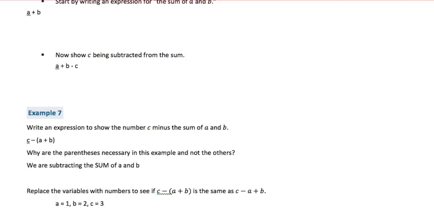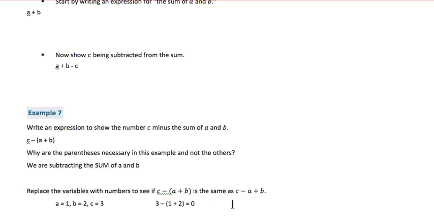Seems reasonable, right? So in our first one, if c is equal to 3, that would be 3 minus parentheses a, which is 1, plus b, which is 2. Okay? And when we do that, 1 plus 2 equals 3, and 3 minus 3 equals 0.